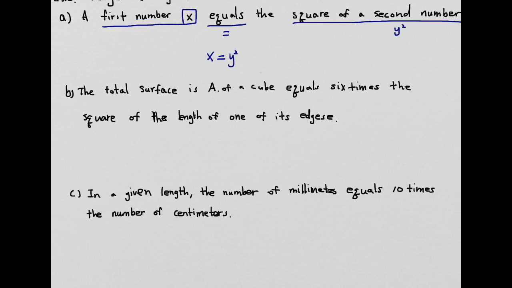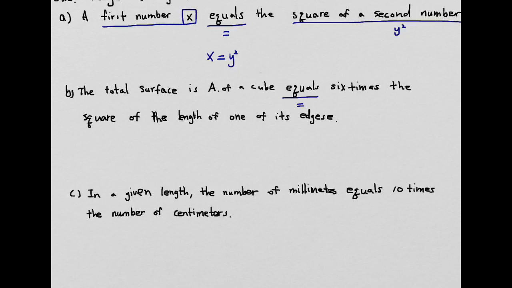Let's see what about B. The first part is saying the total surface area of a cube equals. I want to locate where the equal sign is so I can separate it into two different parts. So here is the equal.